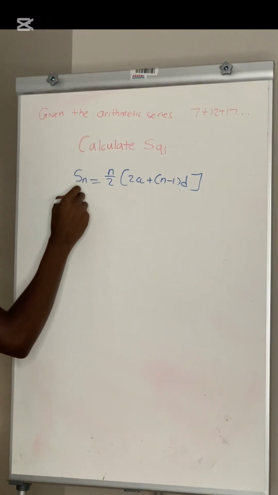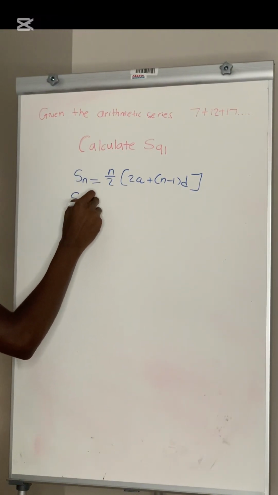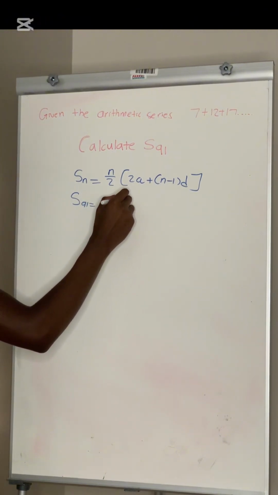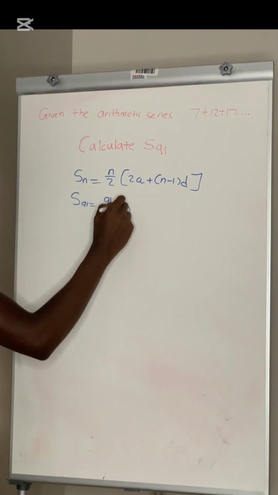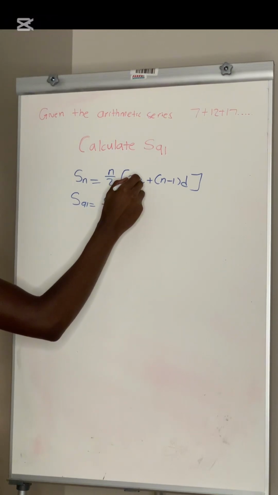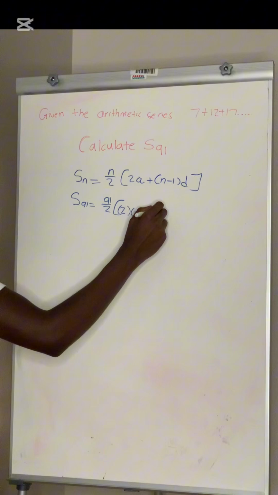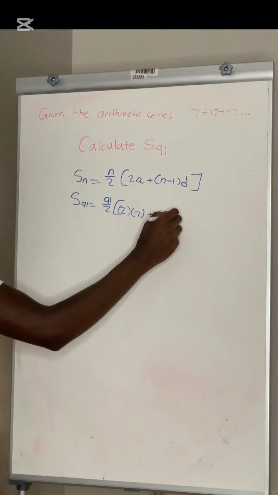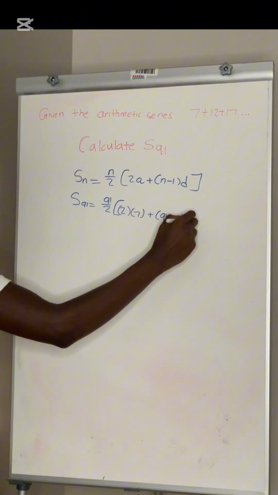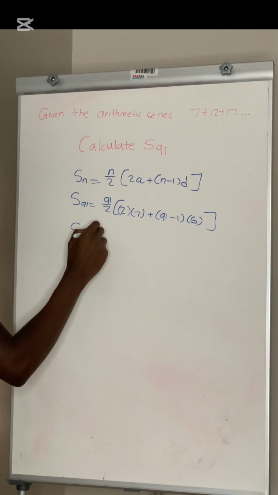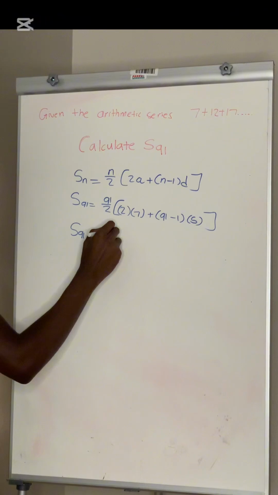So to calculate the sum of the first 91 terms, 91 over 2 into 2 times our first term, which a stands for, is 7, plus 91 minus 1, and our common difference is 5. Close the brackets.